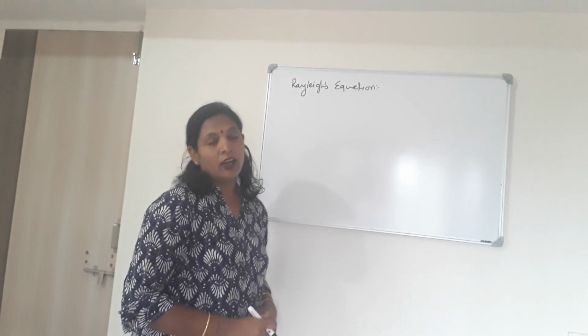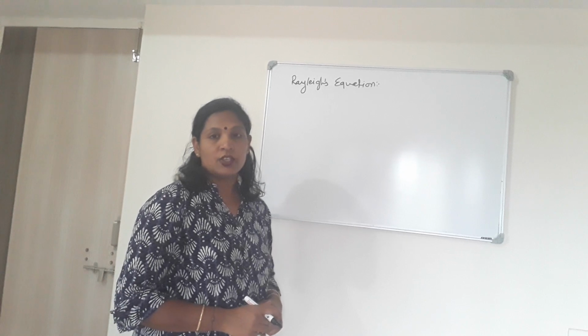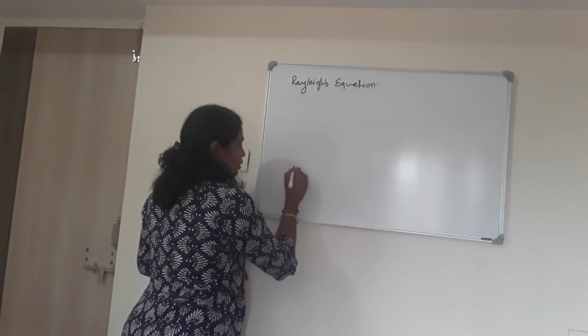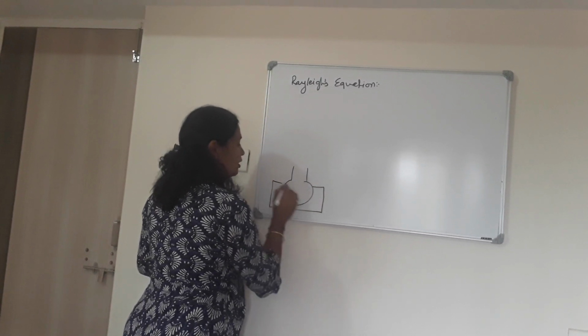Hello everyone, I am here to explain Rayleigh's equation for simple distillation first. What is simple distillation? You all might have seen the assembly of simple distillation in our laboratory.